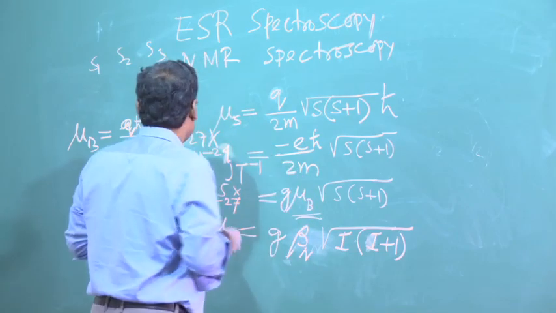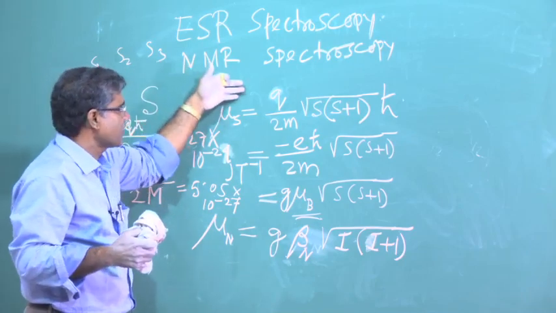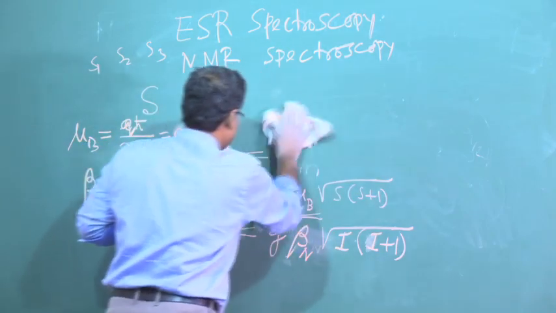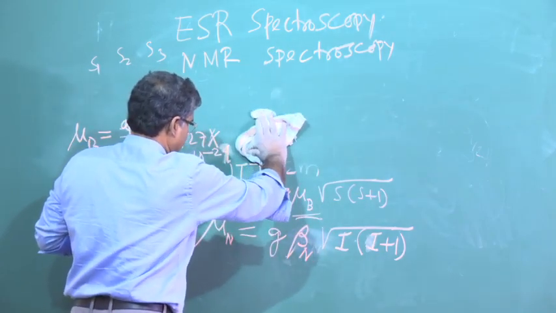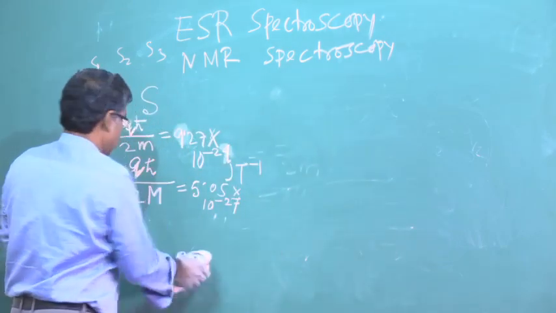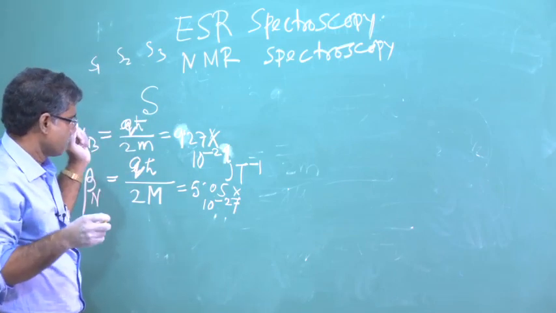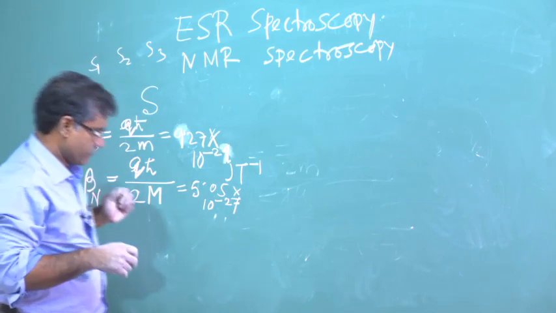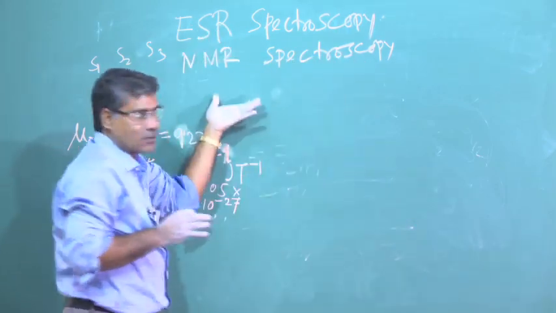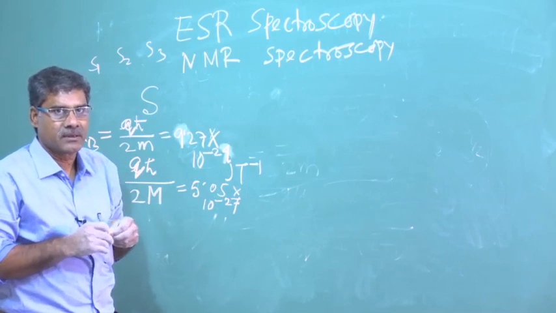In which range is this spectroscopy? Now, in both cases one has to apply a magnetic field. If you apply a magnetic field, what happens?